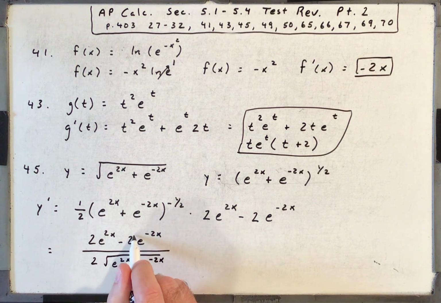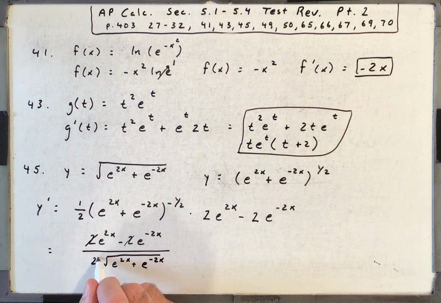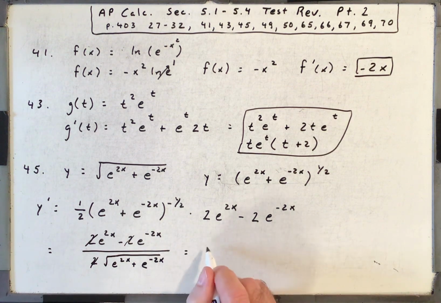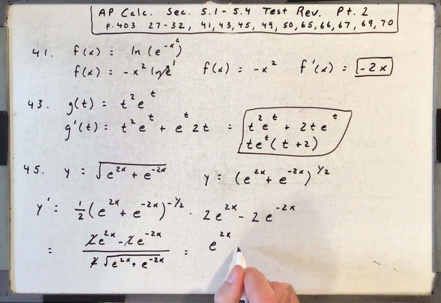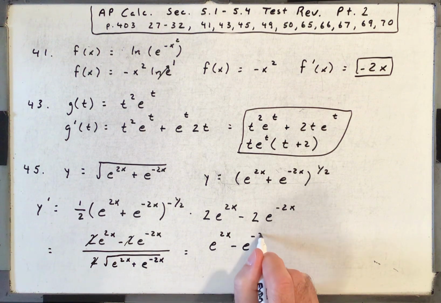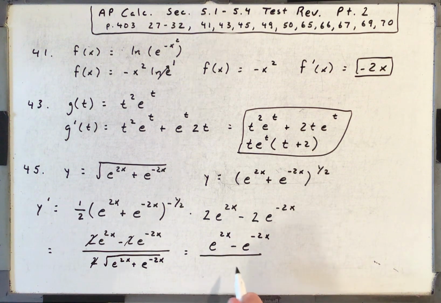So those 2's would all cancel, wouldn't they? And you'd have e to the 2x minus e to the minus 2x over the square root of e to the 2x plus e to the minus 2x.